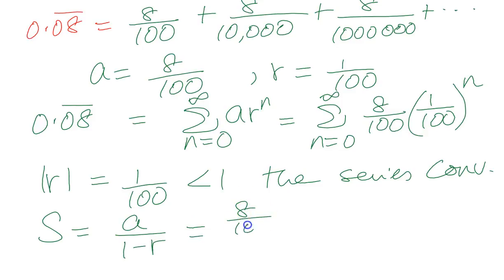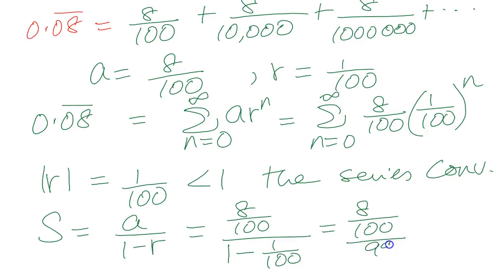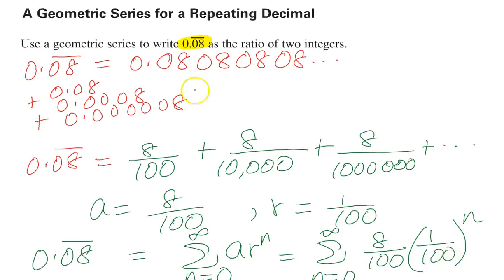A is 8 over 100 over 1 minus the common ratio, which is 1 over 100, which is 8 over 100 over 99 over 100. The 100s cancel, you get 8 over 99. Now, take your calculator right this minute, plug in 8 divided by 99 to make sure that you get this recurring decimal 0.08080808.